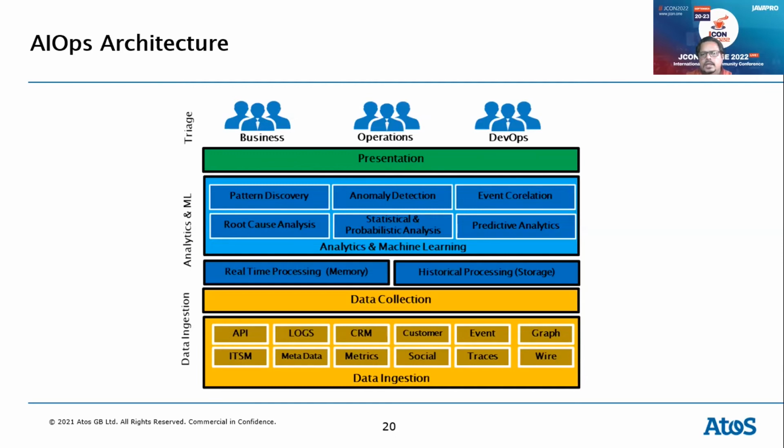So you get your business data ingested into your data pipeline, so that from that data you then do either real-time processing or batch-based processing. And on top of it, you then have the various elements of machine learning, pattern discovery, anomaly detection, statistical and probability analytics, etc.